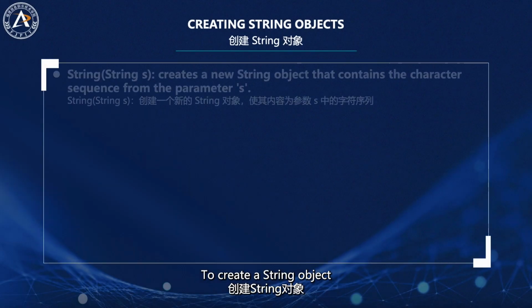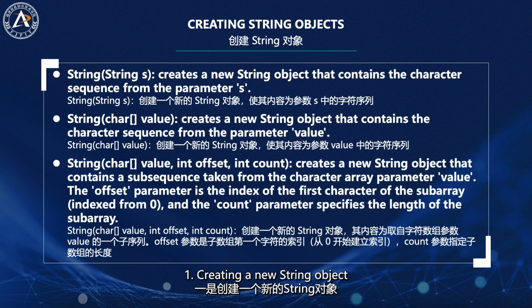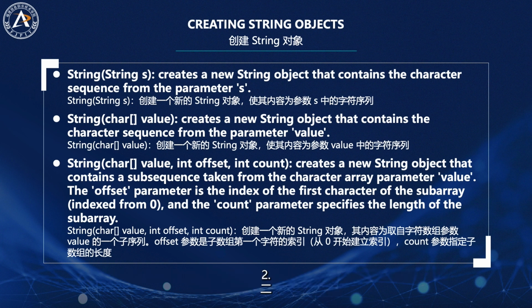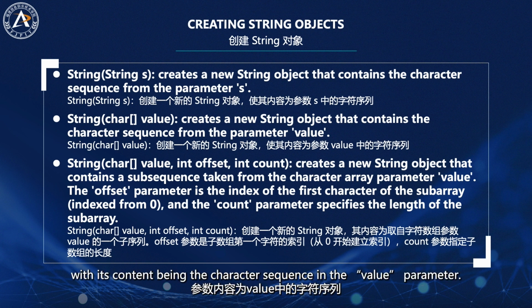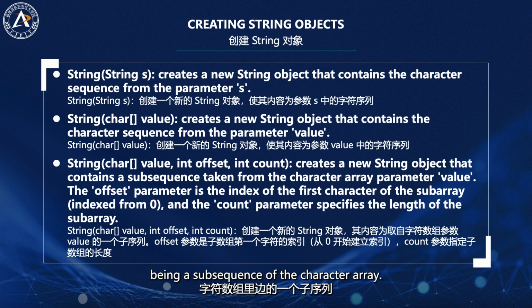To create a string object, there are 3 methods listed here. First, creating a new string object, with its content being the character sequence in the parameter s. Second, creating a new string object, with its content being the character sequence in the value parameter. Third, creating a new string object, with its content being a subsequence of the character array.